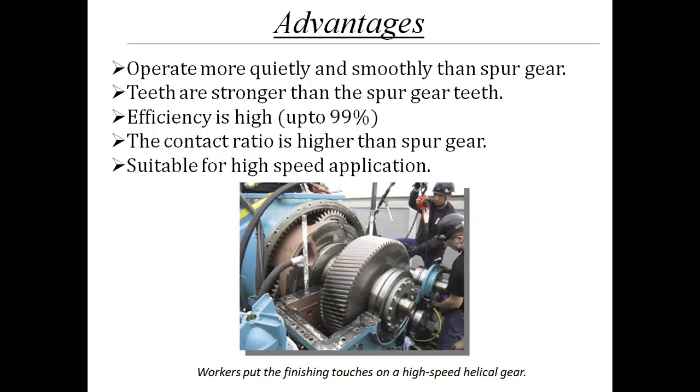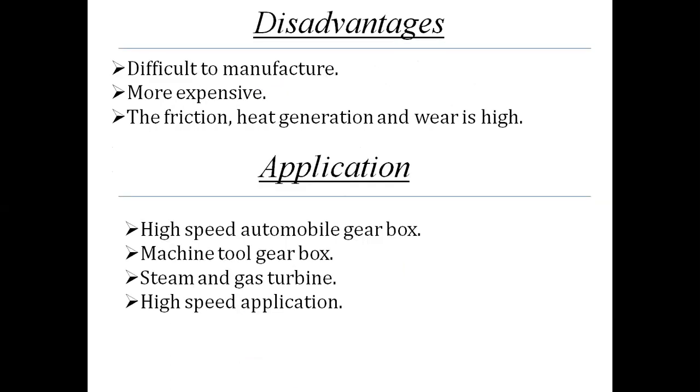At that time, helical gears are used. Efficiency of helical gear is high, and the value of efficiency is up to 99%. The contact ratio is higher than the spur gear, and these are suitable for high speed application, as you see in that image. High speed applications.